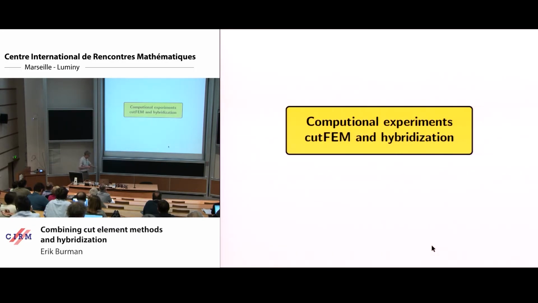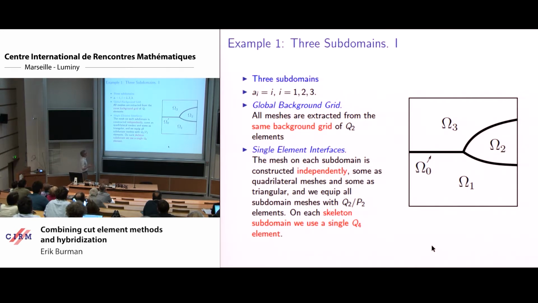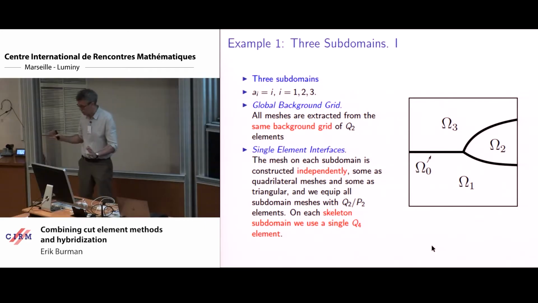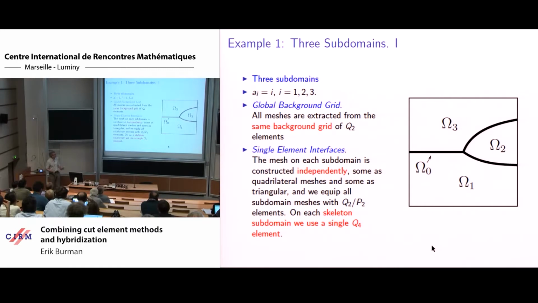Okay, so let's see some computational experiments here. So now we have 3 subdomains, and I will consider 2 different cases. The first case is exactly the one I discussed here. I have a global background grid. I'll extract all meshes from that background grid, and I will use Q2 elements.